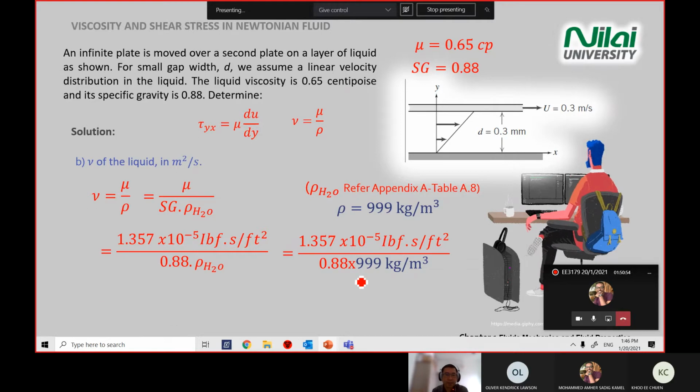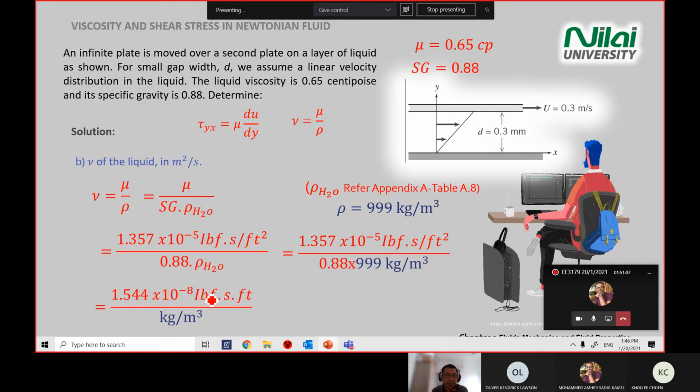In my case, I reduce all the numbers into one number, so I get imperial unit on top, SI unit below, then I do conversion. So how to do conversion?